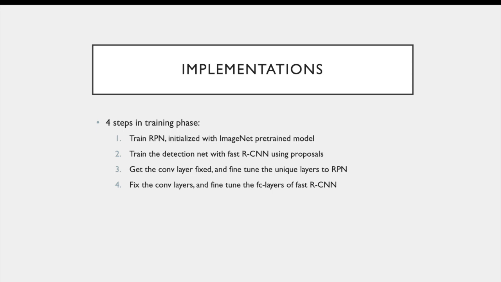At this point, the two networks do not share the conv layers. In the third step, we use the detector network to initialize the RPN training, but we fix the shared conv layers and only fine-tune the layers that are unique to RPN. Now, the two networks share the conv layers. Finally, keeping the shared convolution layers fixed, we fine-tune the fully connected layers of the Fast RCNN. As such, both networks share the same convolution layers and form a unified network.